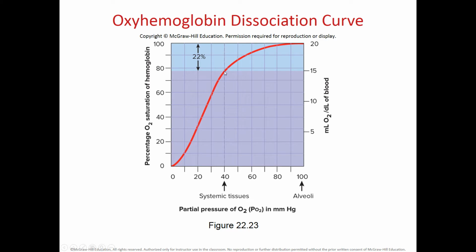So you will have a saturation of hemoglobin of like 78%. And then in the alveoli, where we have more partial pressure of oxygen, like 100, you will reach 100% saturation of hemoglobin with oxygen molecules, or 20 milliliters of oxygen per deciliter of blood.